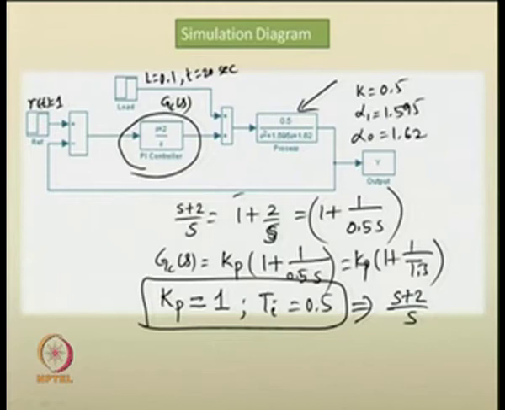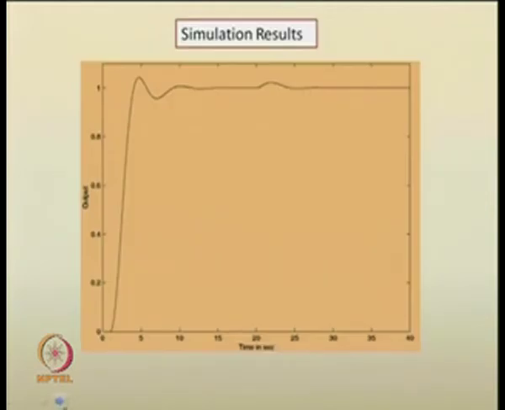So, what sort of output will we expect from this when it is simulated? Definitely we will expect a quite satisfactory time response from the closed loop system.